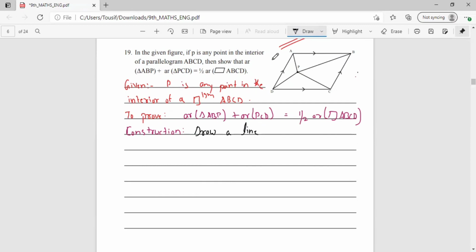As you can see in your figure, they gave you A, B, C, D. So we'll move further, that is E, F. Draw a line EF parallel to AB, passing through P. This is the construction.